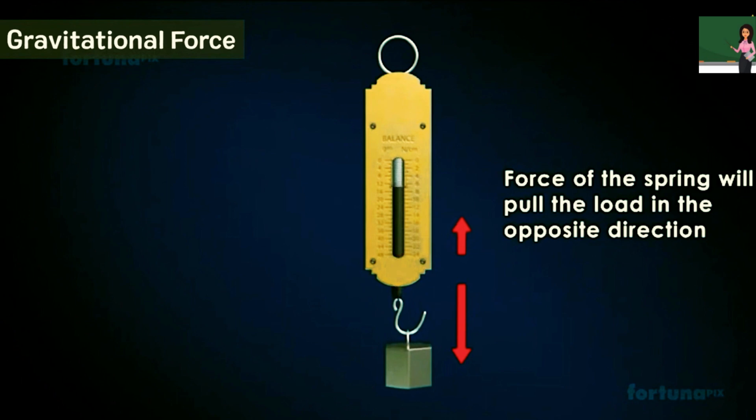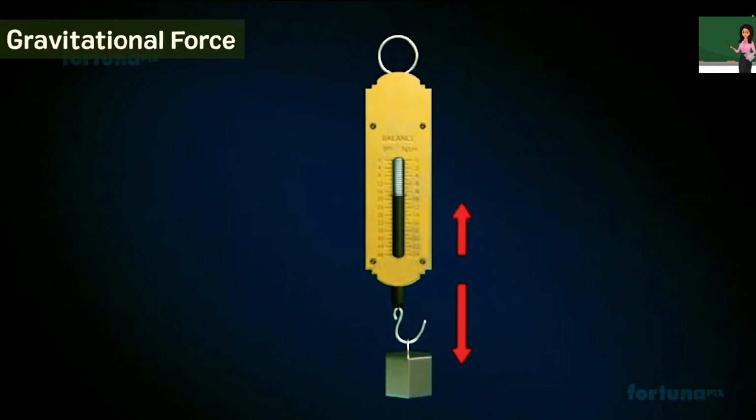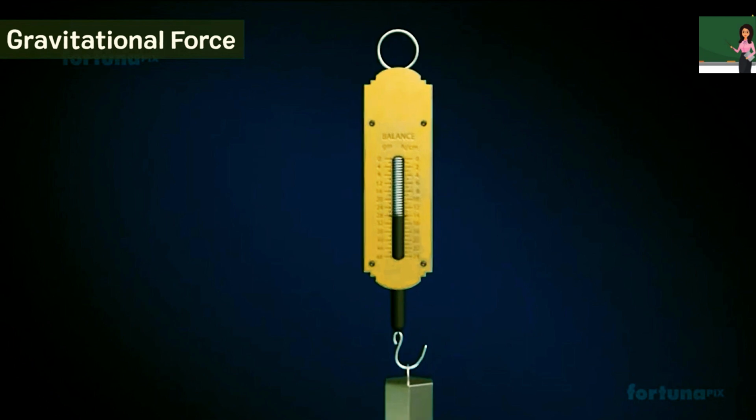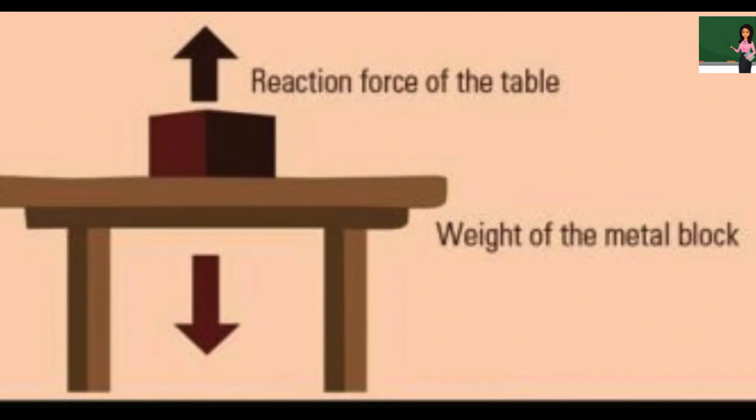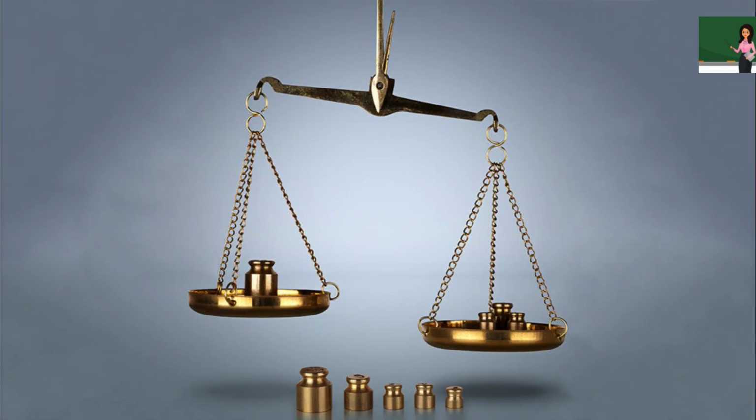The object comes to rest when the tension in the spring and the gravitational force on the object become equal. In this position, the scale on the spring balance shows the gravitational force acting on the object, which is the weight of the object. The gravitational force acting on an object is called the weight of that object.